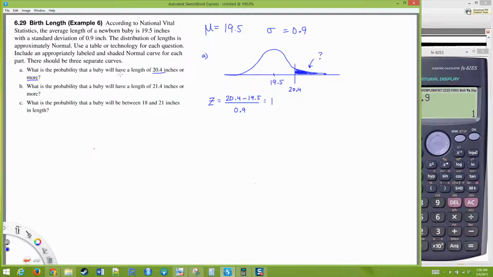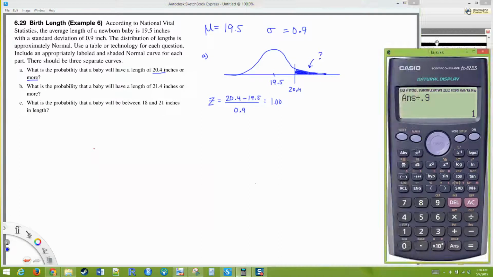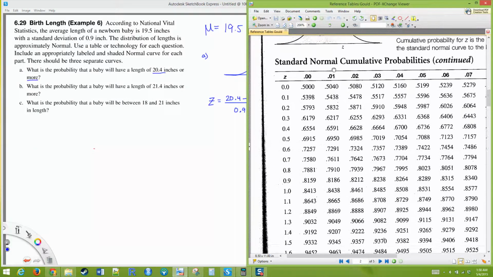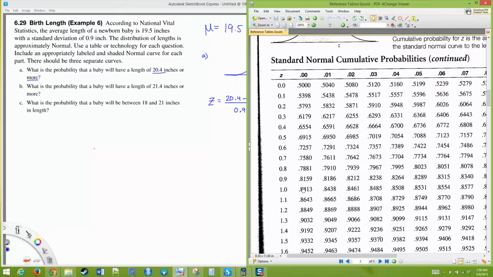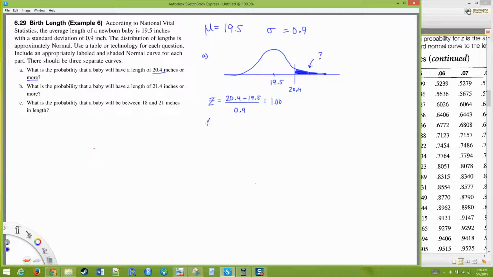And so we want to know what is the probability that the baby will have a length of 20.4 inches or more. So here my z-score is 1.00, and I'm going to go to my z-table and look up a z-score of 1.00, and the number I find is 0.8413. So area to the left, that's what the table always gives us. Area to the left of z equals 1 is 0.8413.